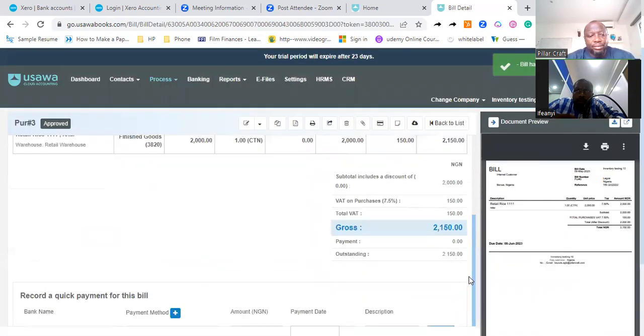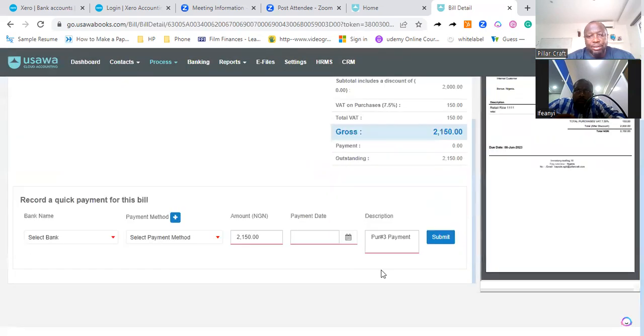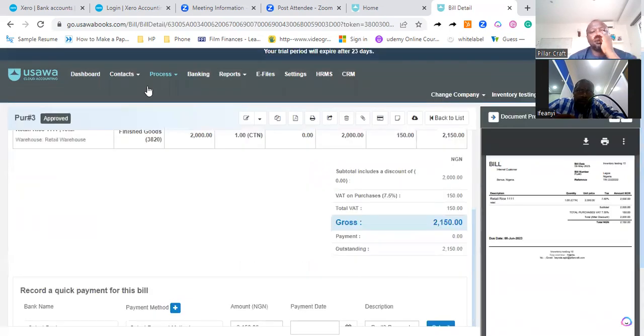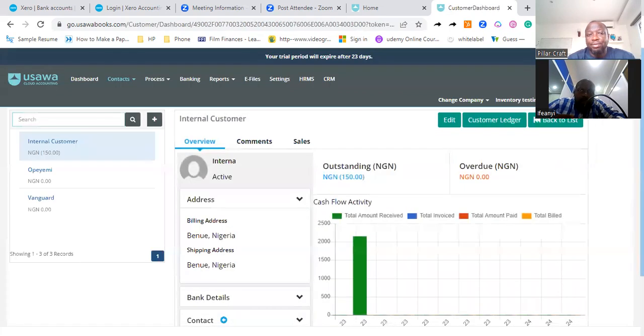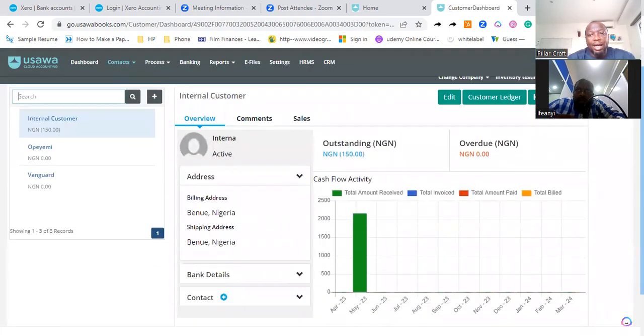So now we have a 2,000 here with the guy. We went to the guy's account. I did VAT on that one. I shouldn't have done VAT. Do you understand? Yes. So at the end of the day, both of them were knocking off, but we had it in our receivables and payables.